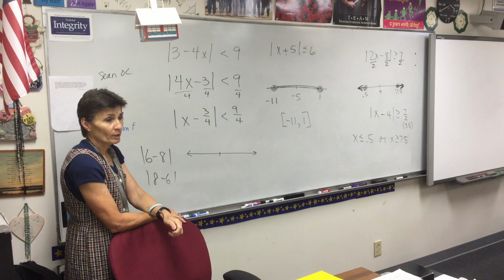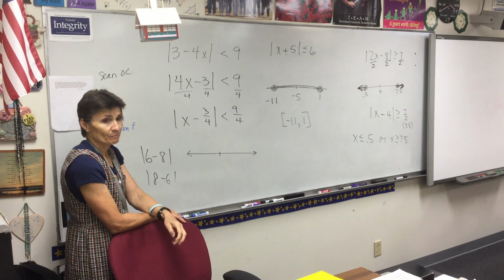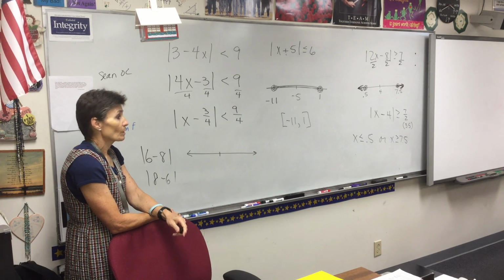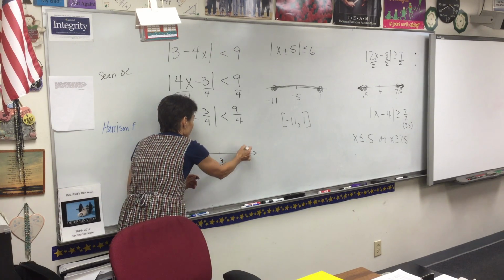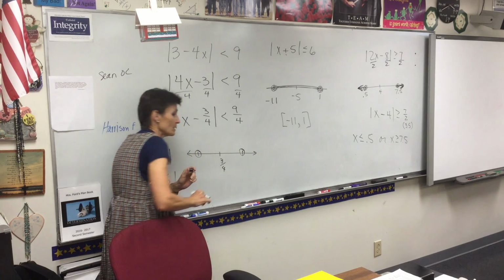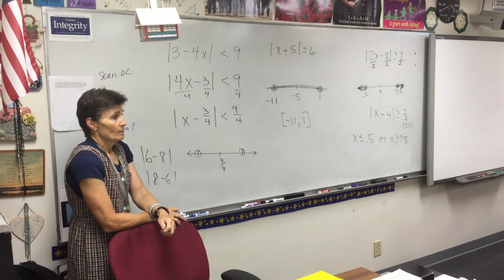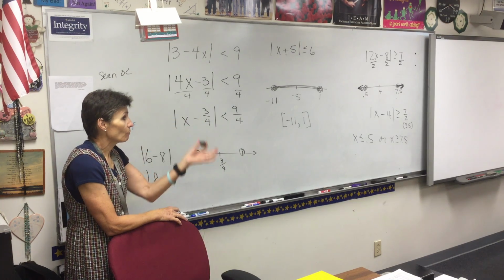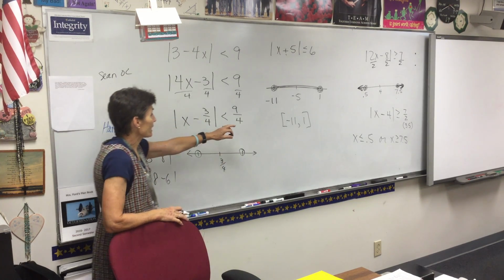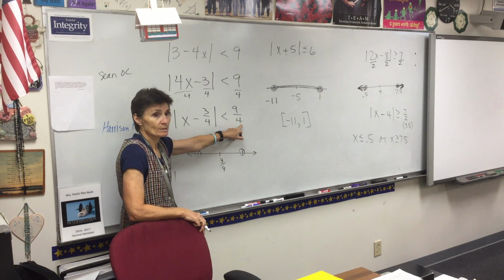What number am I going to put in the middle of my number line? Positive 3/4, the opposite of this guy, so it's positive 3/4. Then I know I'll have a dot out here and a dot out here. And I figure out those dots by counting back and forth. And how far am I going to count? 9/4.